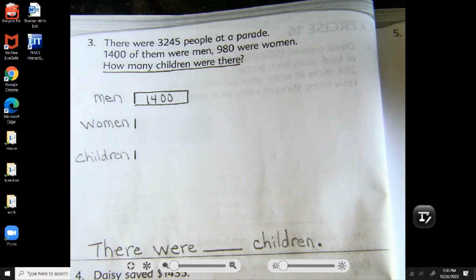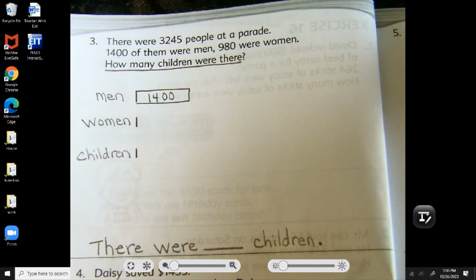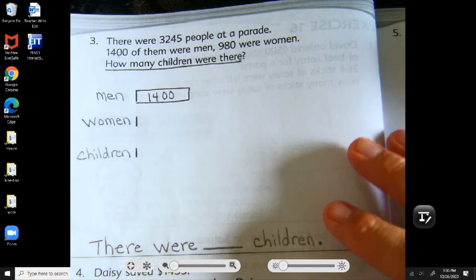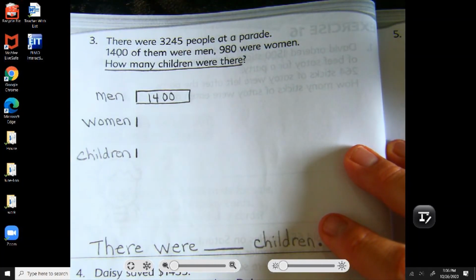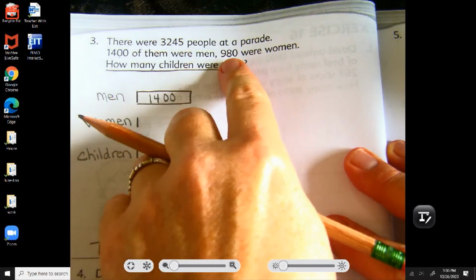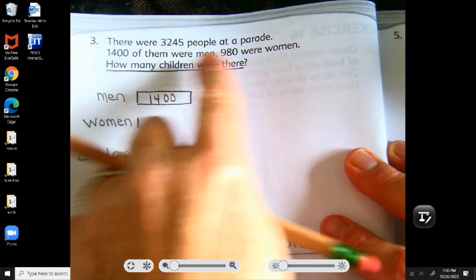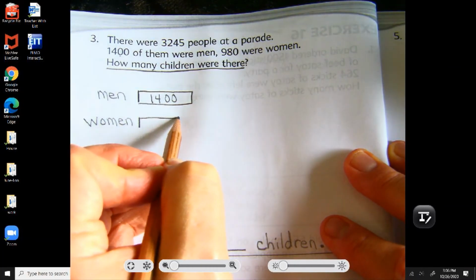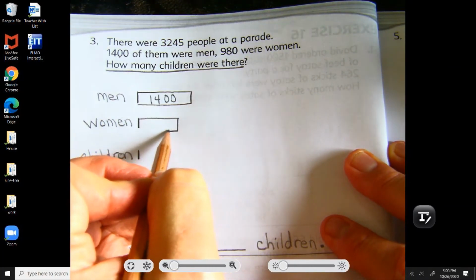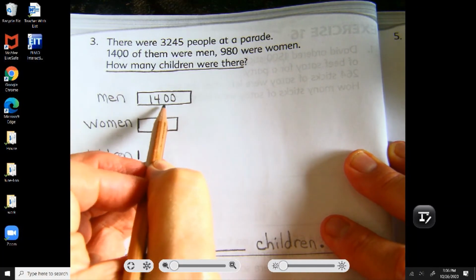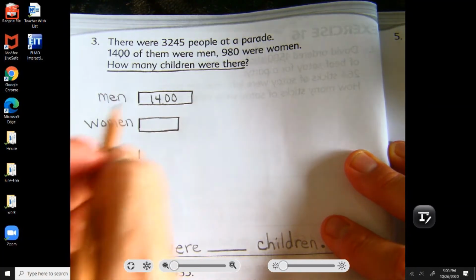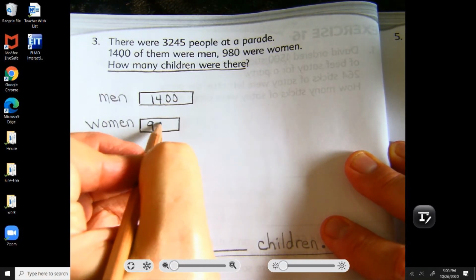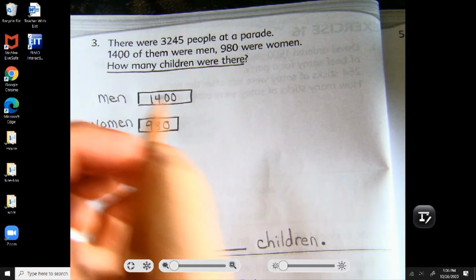I'm going to make it bigger. Wait, is that true? 980. Oh, 980 is less than 1,400. So I want to make it a little bit smaller, right? Because 980 is less than 1,400. So 980.